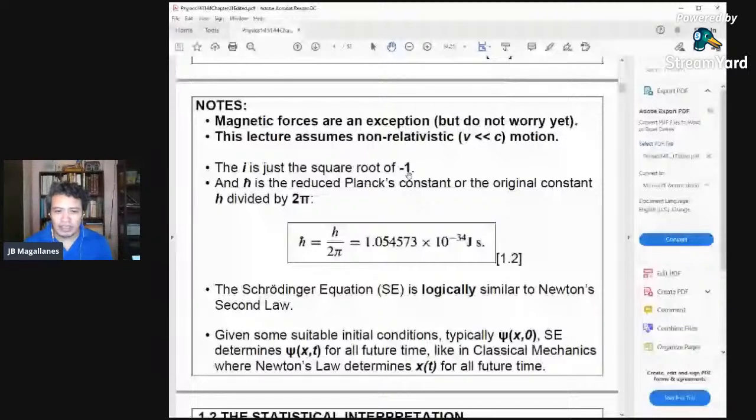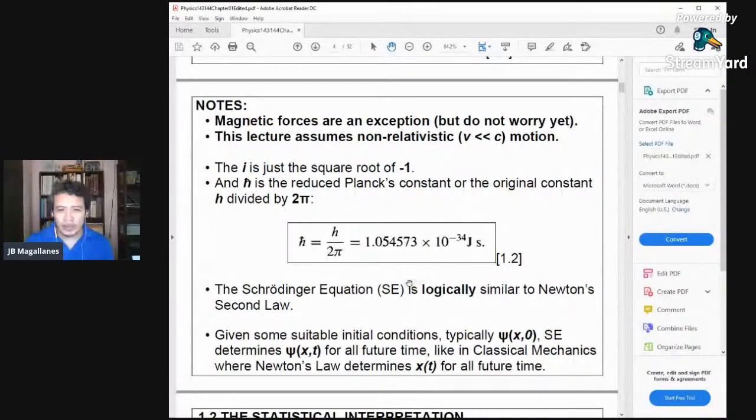Here is the value of the reduced Planck's constant. It's 1.05453 times 10 to the -34 joule seconds. Or you can just simply write it as h bar.